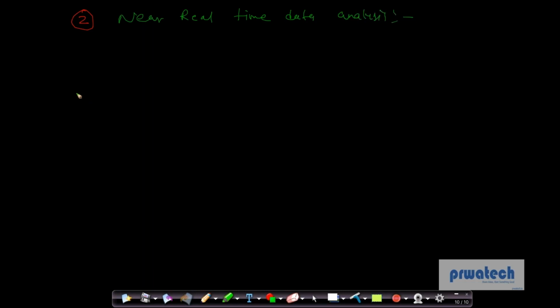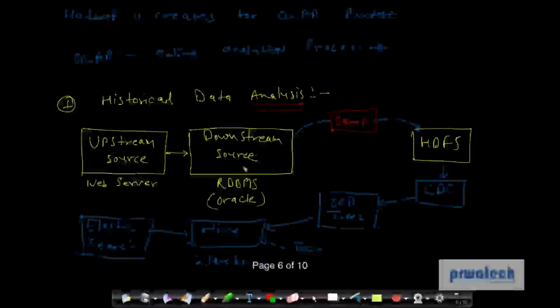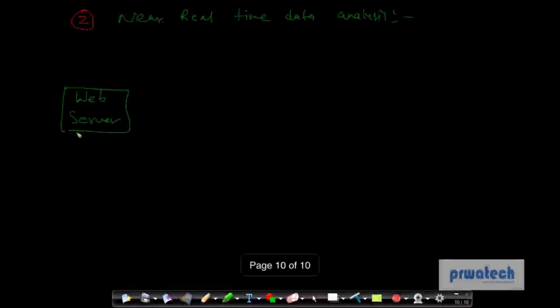So what we do here, it is going to the web server. One thing we will scrap from the previous image. We don't need this downstream now. We have a web server which is upstream, and from this web server, we are directly taking this data to where? We're taking this data directly to MQ, and that MQ, the tool name is Kafka.